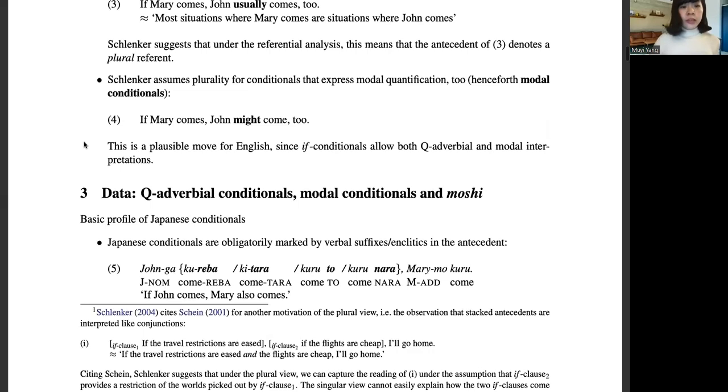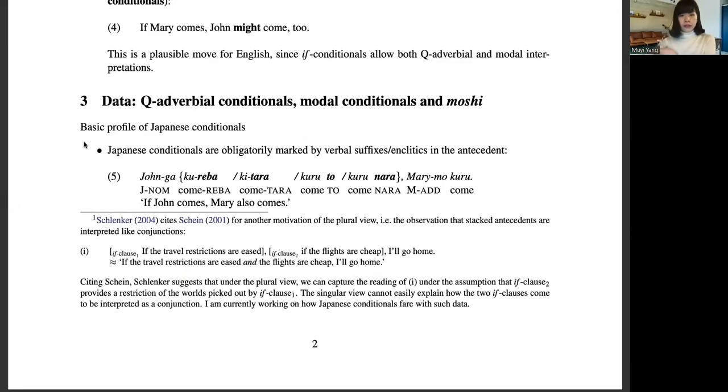So that will take us to the next section where I look at the basic data regarding Q adverbial conditionals and modal conditionals in Japanese. But before I do that, let me show you the basic profile of Japanese conditionals. So in Japanese, conditionals are obligatorily marked by verbal suffixes or verbal enclitics in the antecedent.